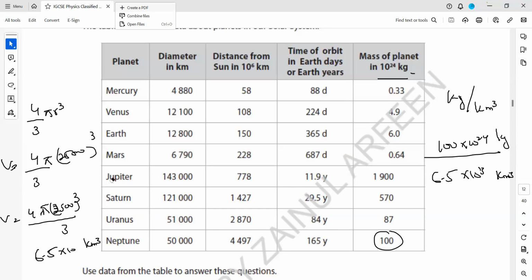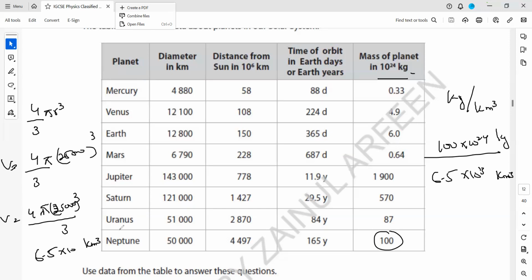Check. Can I have a calculator? So we have 4 into 3.14 times 25,000. I wrote 2,500, I guess. Yeah, that's why. This is 25,000 cubed, and then this is divided by 3.